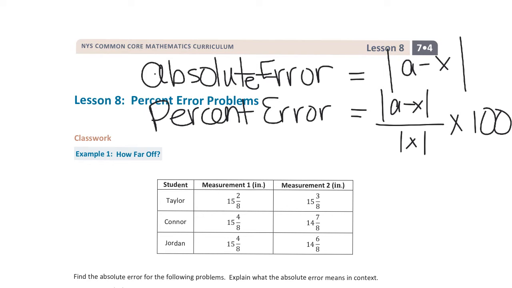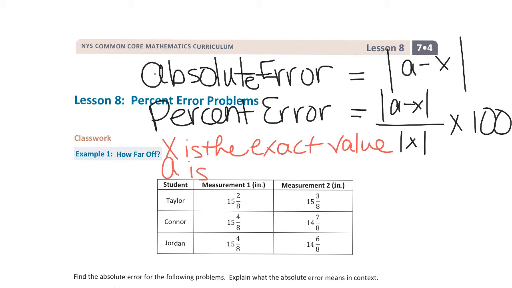So we need to identify those. So x is the exact value of something, of a quantity, and a is the approximate value.